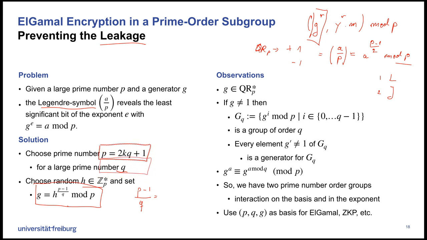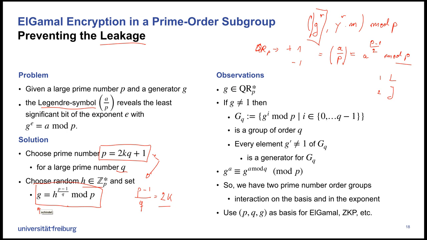So we get 2k. It has nothing to do with a 2k problem, but that's a silly joke. So we have 2k. This is an even number, if you noticed. So if I take a random number to the power of 2k, what do I get? A square number. So the result will be a square number.